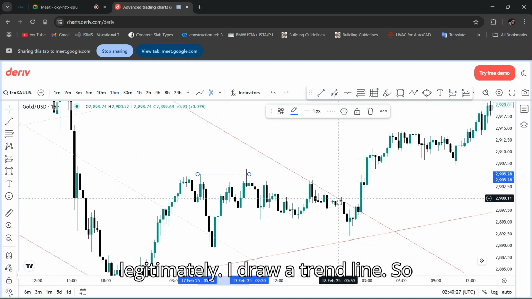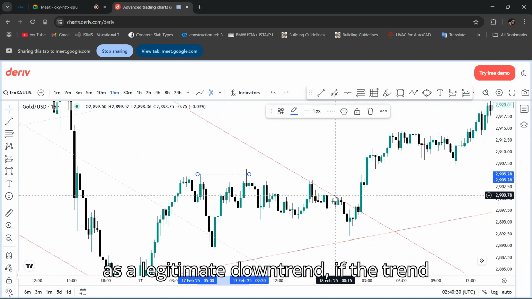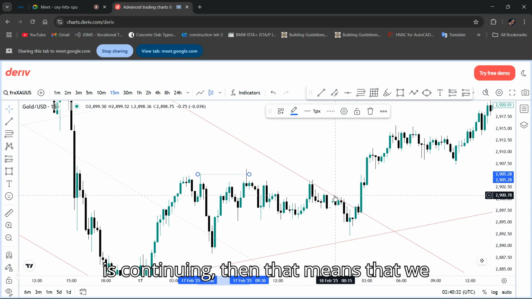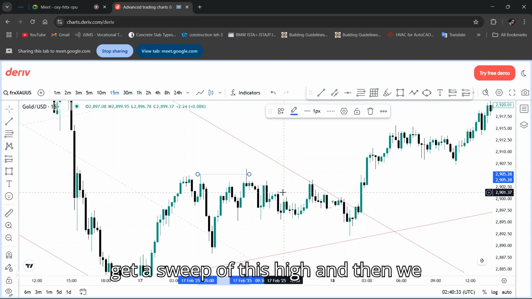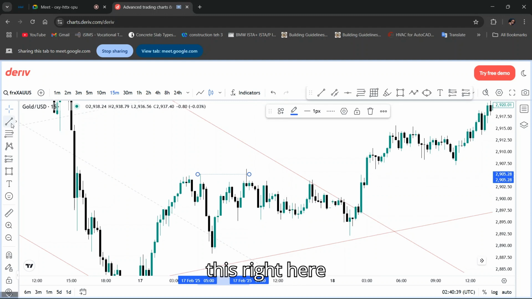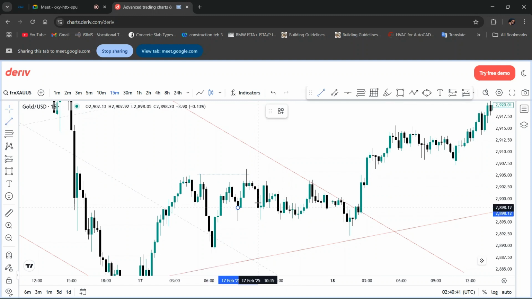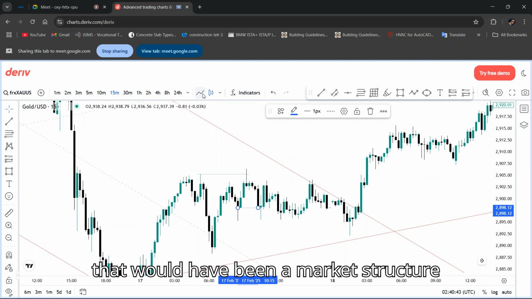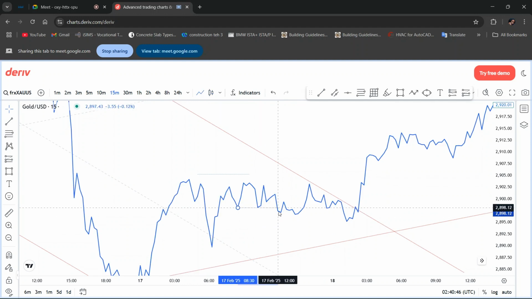Legitimately, I draw a trend line. So, as a legitimate downtrend, if the trend is continuing, then that means that we get a sweep of this high, and then we should get a market structure shift, which would have been this right here. That would have been a market structure shift, MSS.